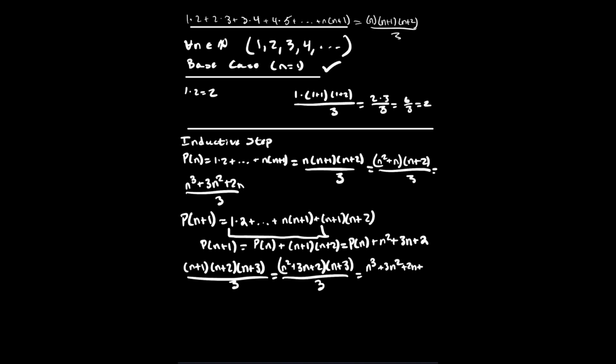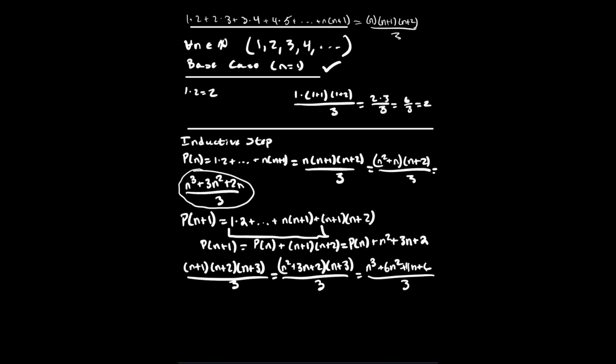I'm going to simplify this. And we get n cubed plus 6n squared plus 11n plus 6 over 3. So we are going to go back to the beginning, and we know what P of n is equal to.